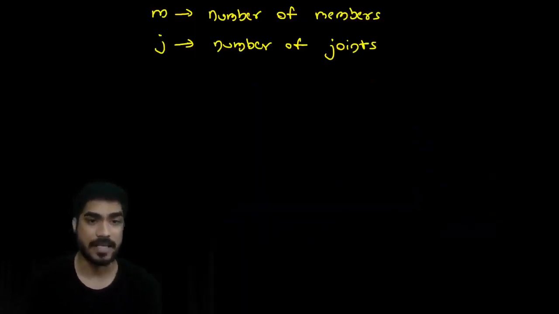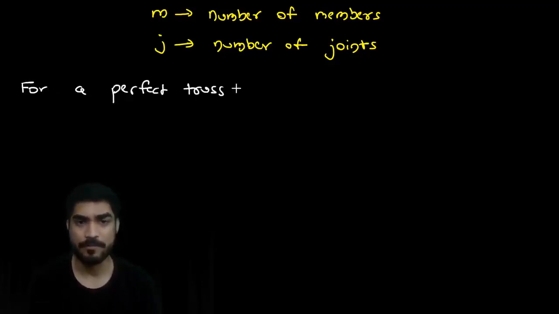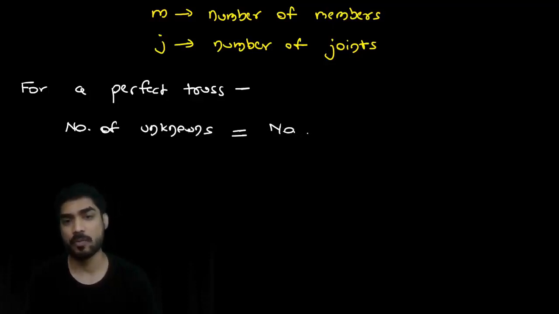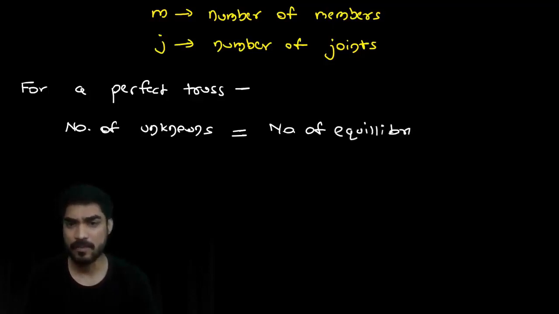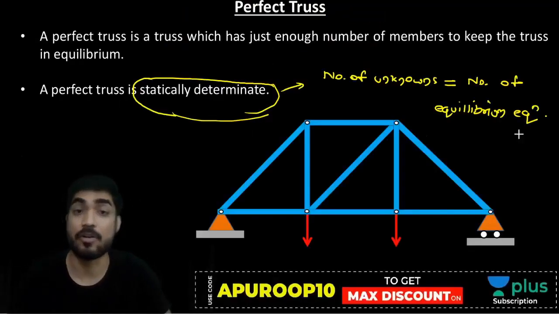So for a perfect truss, number of unknowns should be equal to number of equilibrium equations, right? Now, how many number of unknowns do we have?